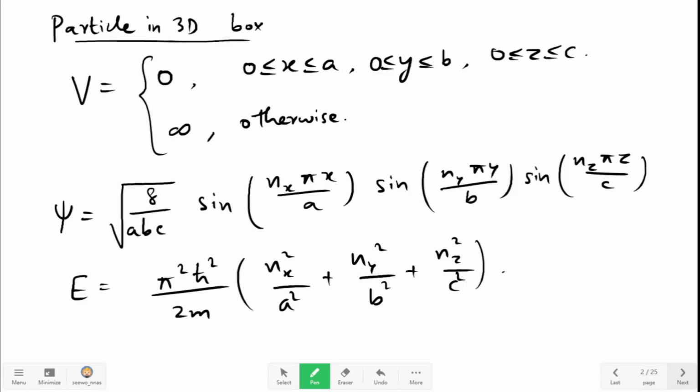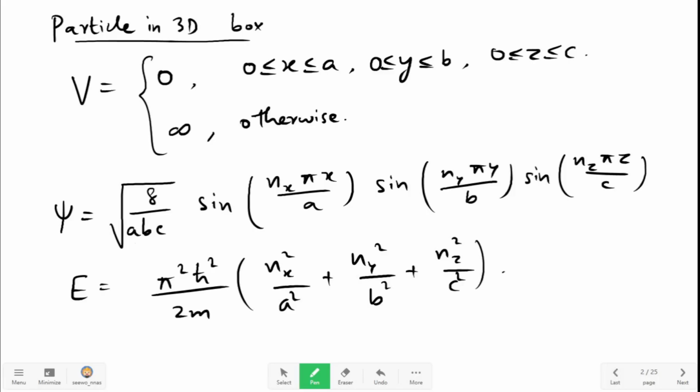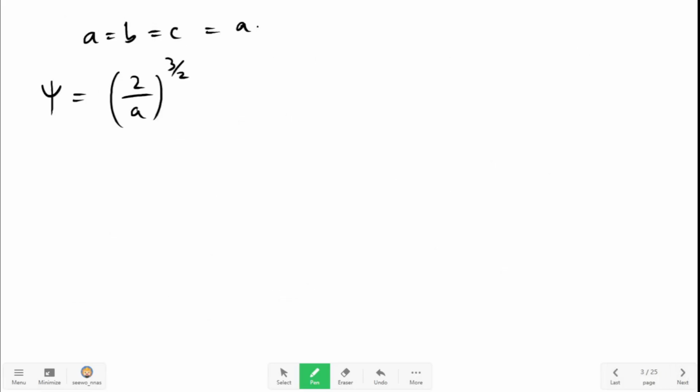Now there is a special case where A is equal to B is equal to C. In that case, we say that the particle is in cubical box. For such a case, psi is given by 2 divided by A the whole raised to 3 by 2. We are just putting A equal to B equal to C here, nothing else.